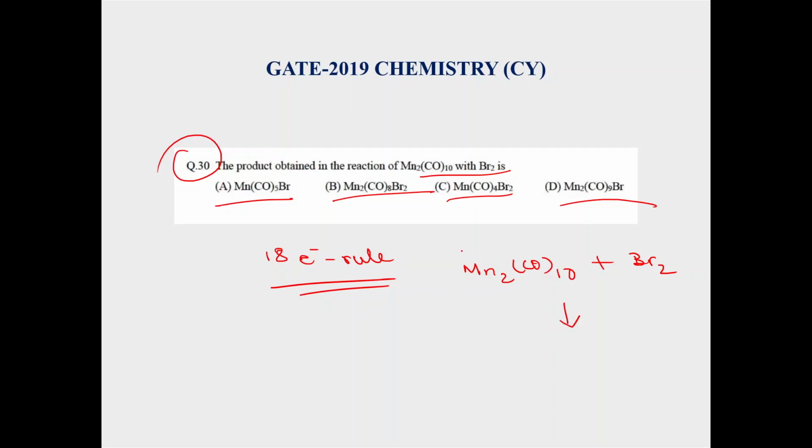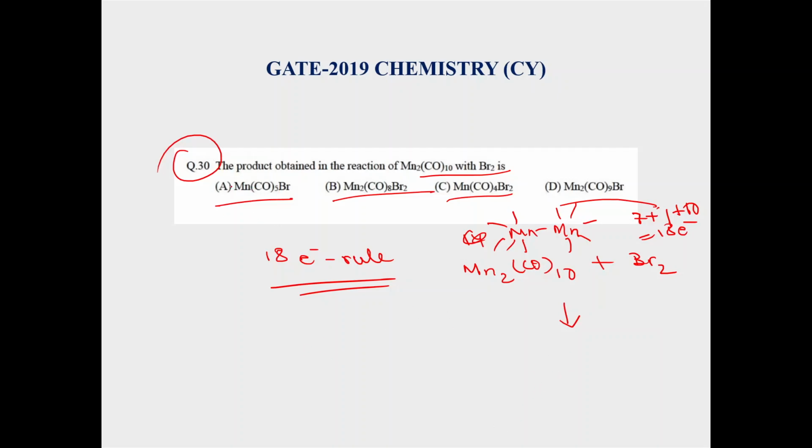Mn is group 7, so 7 electrons. Mn2CO10 has 5 CO on each manganese. Mn gives 7 electrons, the Mn-Mn bond gives 1, and each CO gives 2, so 2 times 5 is 10. So it is an 18 electron system, and it will give an 18 electron complex as the product.